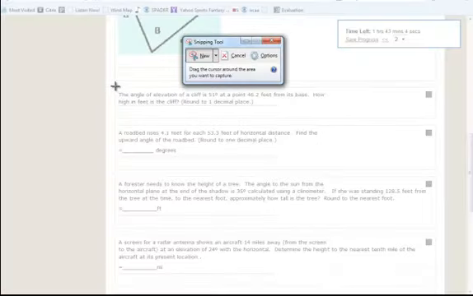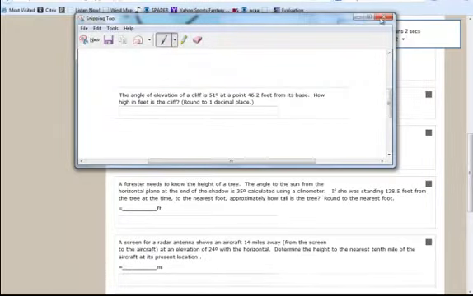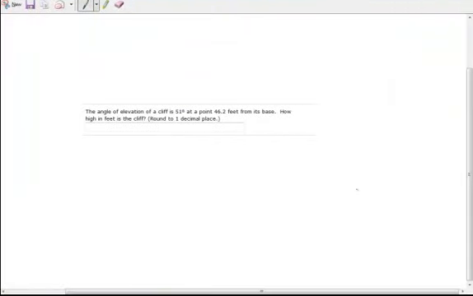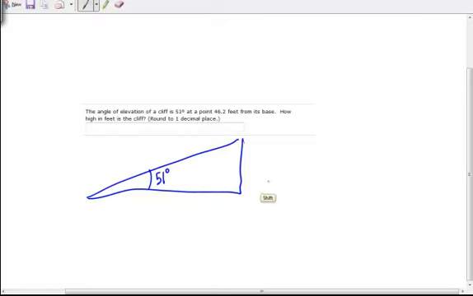Next one. Angle of elevation to the cliff is 51 degrees. Okay, so you're looking up at the cliff, and this angle is 51 degrees. At a point 46.2 feet from the base, how high is the cliff?